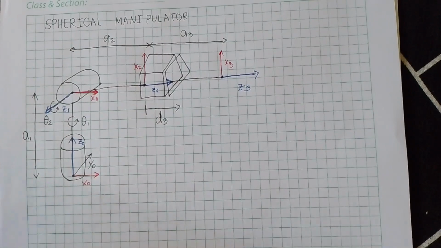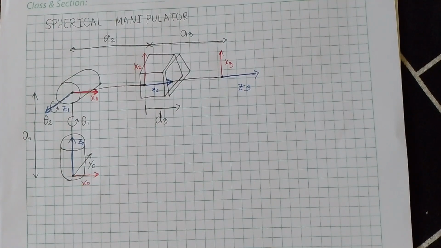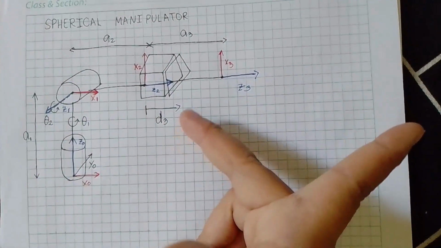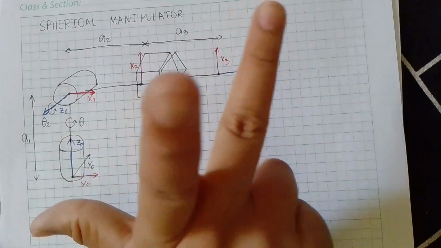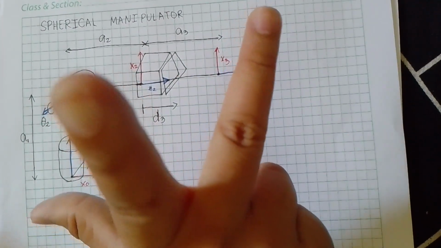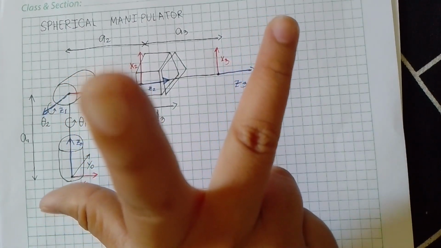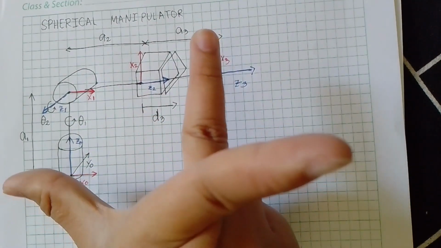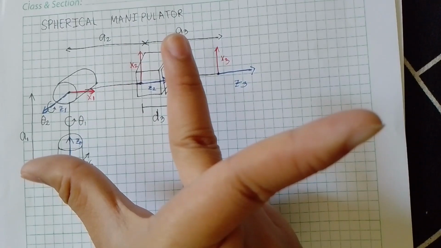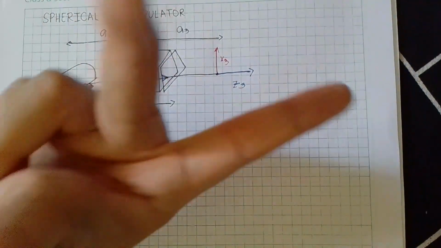Then, in the next frame, let's find out what y sub 1 is. The z-axis is pointing to the left downward, and the x-axis is this one, right?